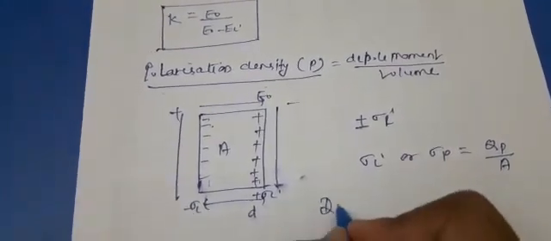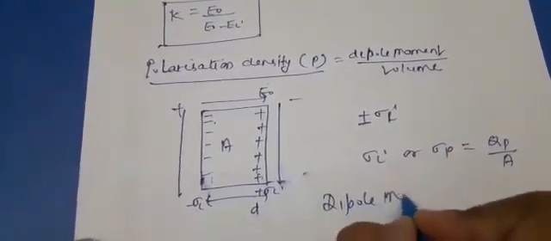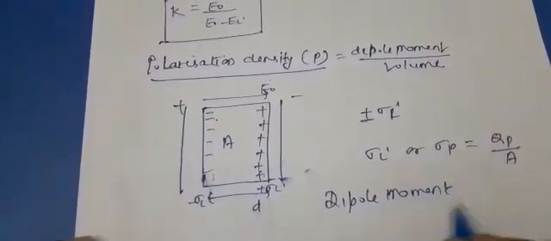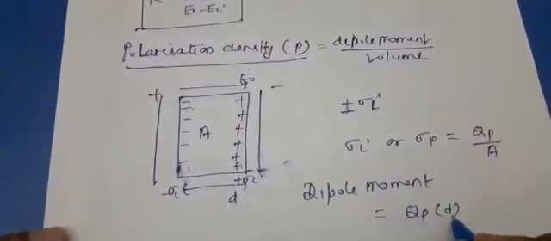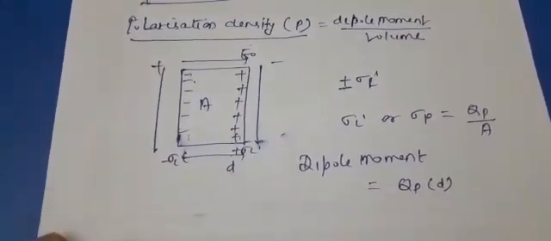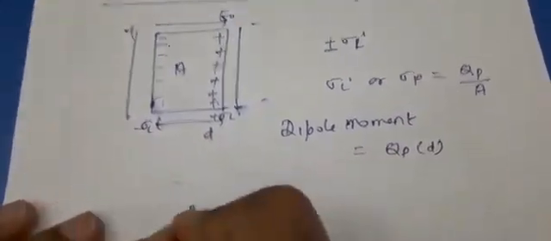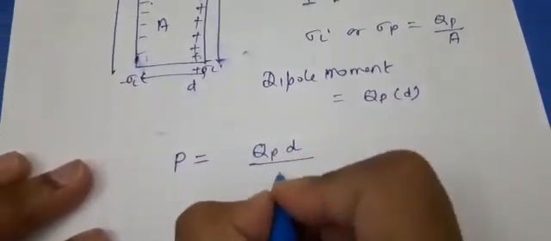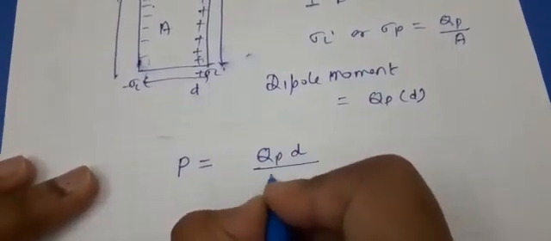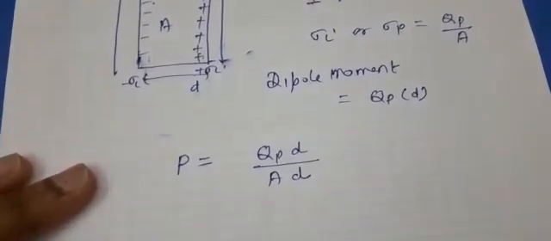Now what will be the dipole moment on the slab? This will be equal to Q_P into the separation distance d. Now as per polarization density, it is dipole moment, that is Q_P d, upon the volume of the dielectric, and the volume of the dielectric is A into d.